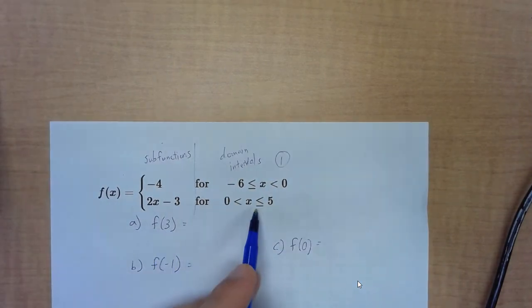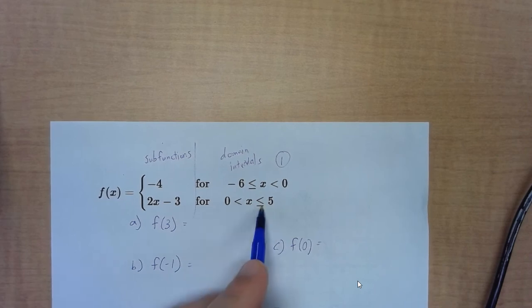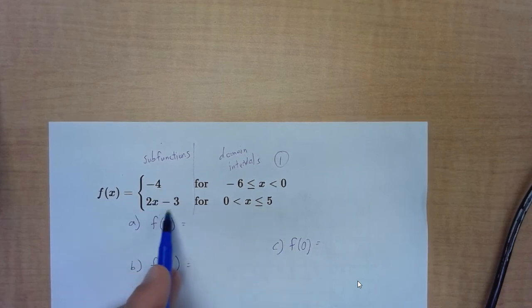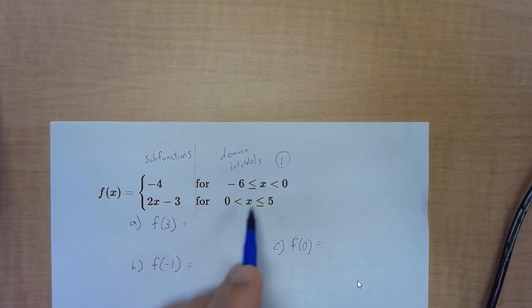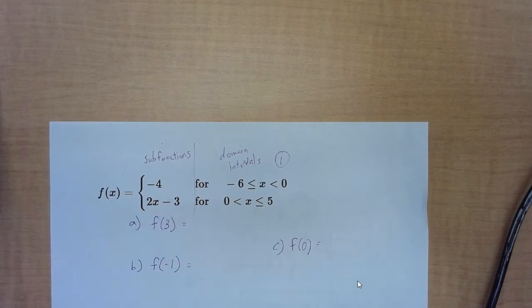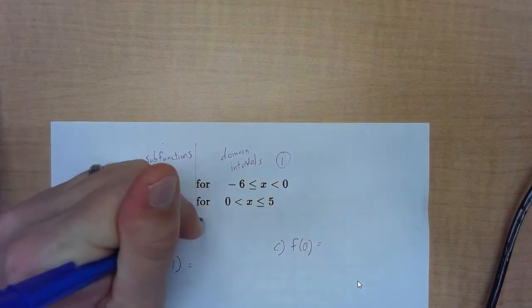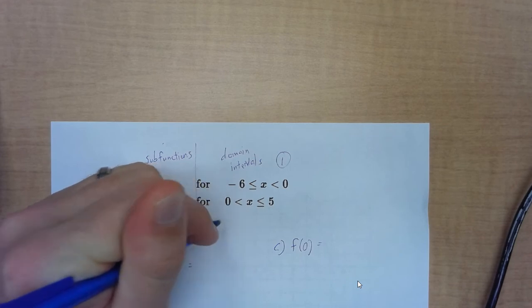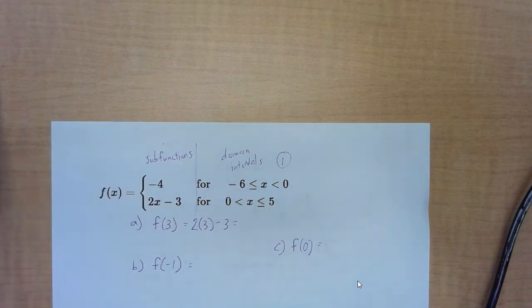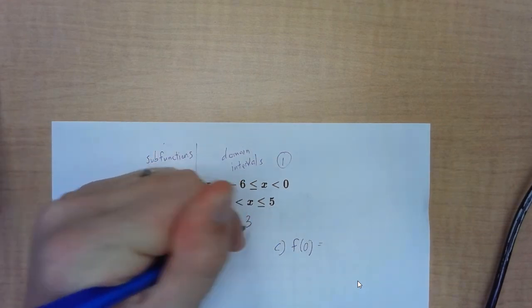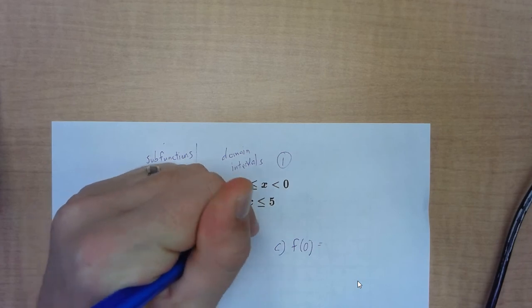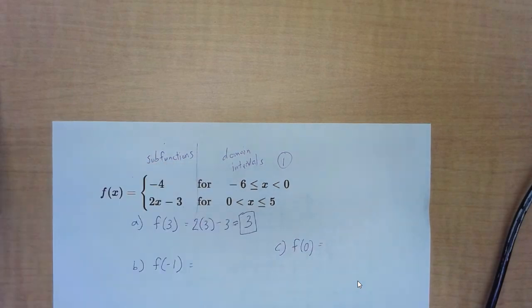Well, 3 is between 0 and 5, so therefore we're using this function. Once you've figured out which subfunction to use, you substitute in the x value, and then you've solved it. So 2 times 3 minus 3, that's 6 minus 3. So the function is equal to 3 when x is equal to 3.